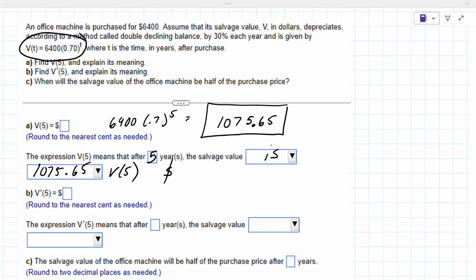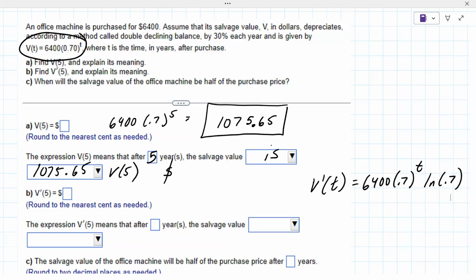So what I'm sending over to you in the chat is a reference sheet that I send to students for this course, so you can get a feel for it. But let me just give you the derivative, and you can ask questions if you have any. So the derivative is 6400 times 0.7 to the t times the natural log of 0.7.